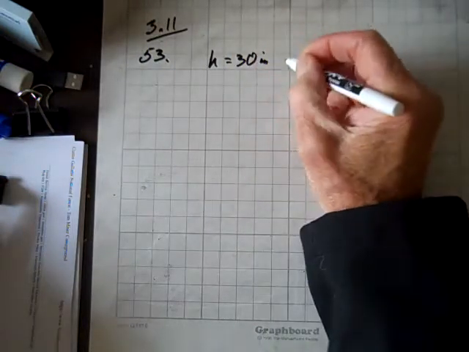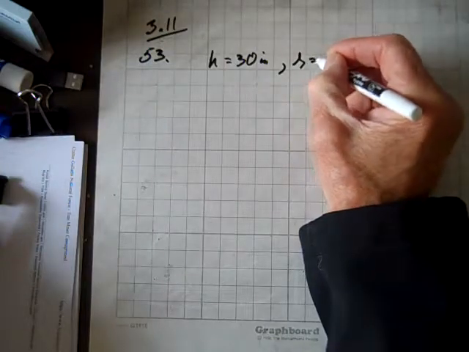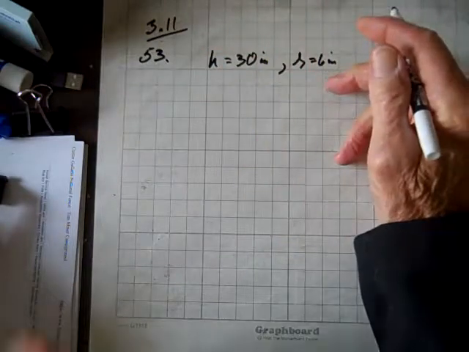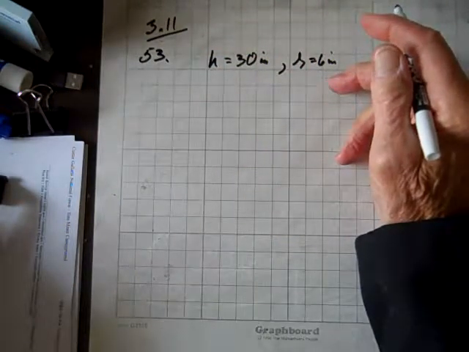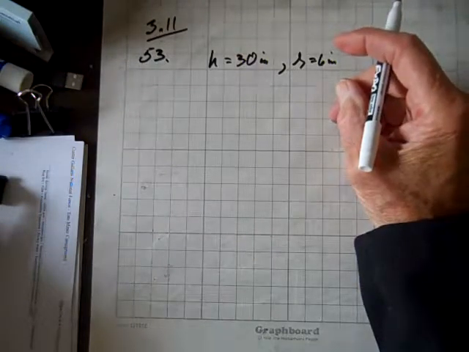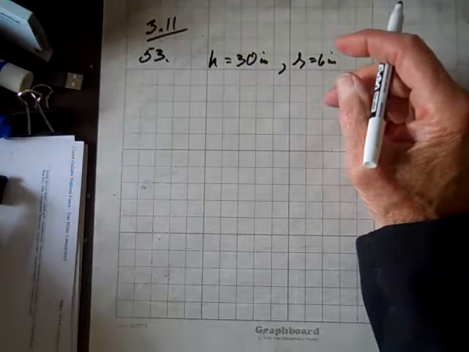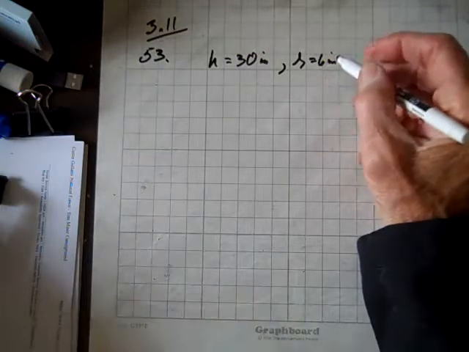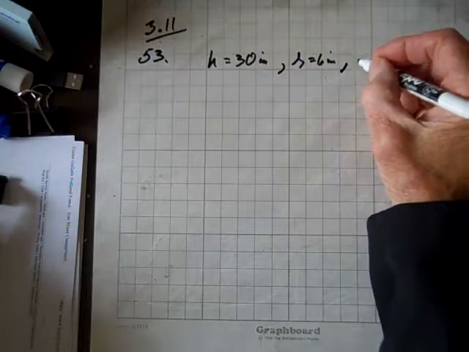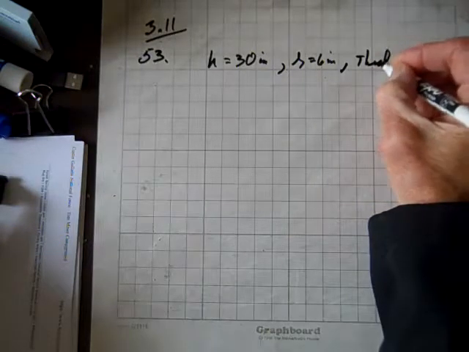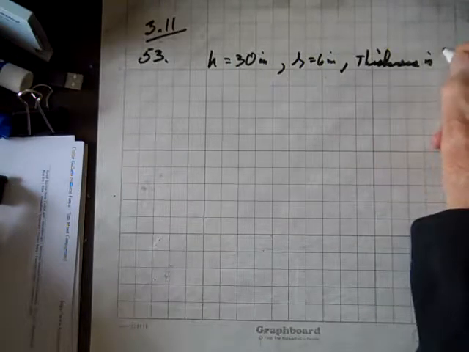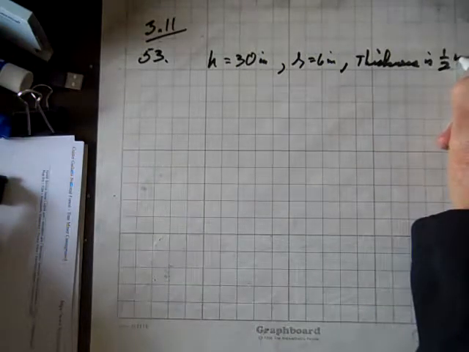It has a radius of 6 inches, but that radius is going to change because we're given the thickness, so that radius is going to go from 6 inches all the way down to half an inch. So it's going to change. And so why don't we say thickness is 1/2 an inch, 0.5 inches.